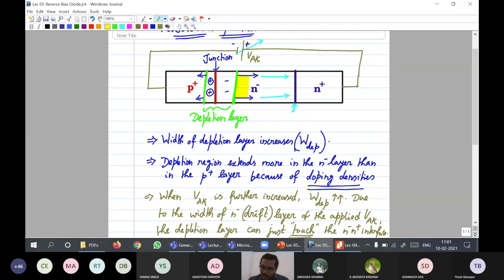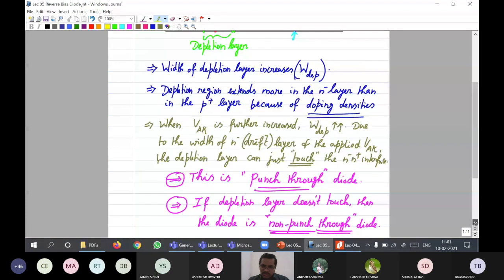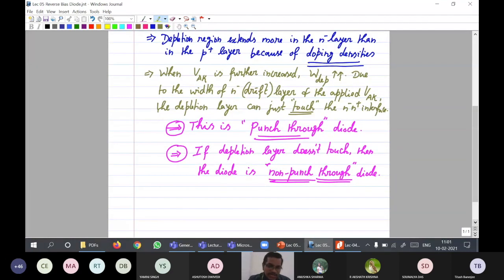Therefore, compared to non-punch through structure, punch through diodes are preferred. Let the depletion layer extend and touch the n minus n plus interface. Nothing detrimental is going to happen. It will still have the blocking capability similar to a non-punch through diode. Therefore, the inference is punch through structures are preferred.